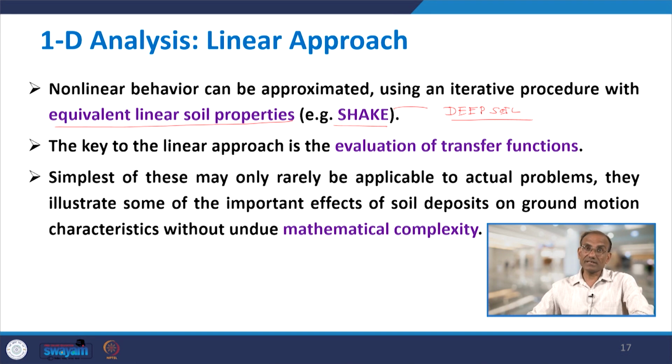The key to the linear approach is the evaluation of transfer functions. The simplest of these may only rarely be applicable to actual problems. They illustrate some of the important effects of soil deposit on ground motion characteristics without undue mathematical complexity.